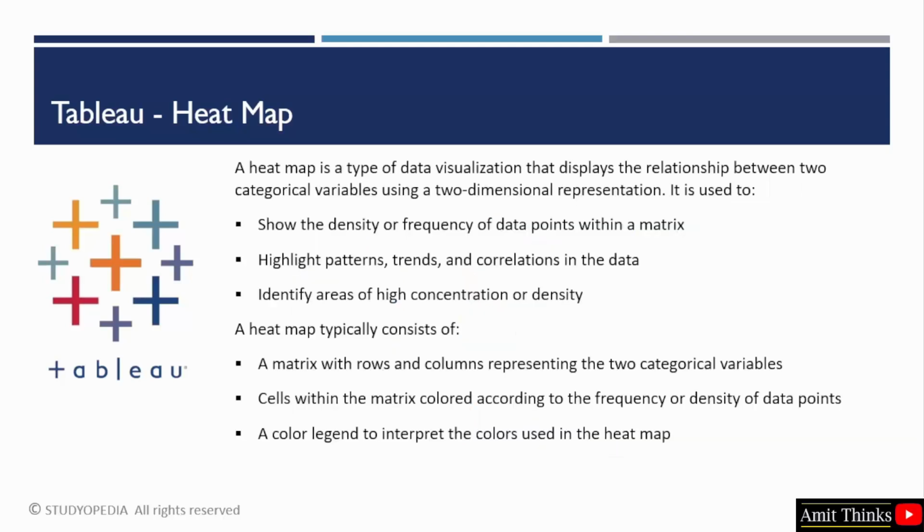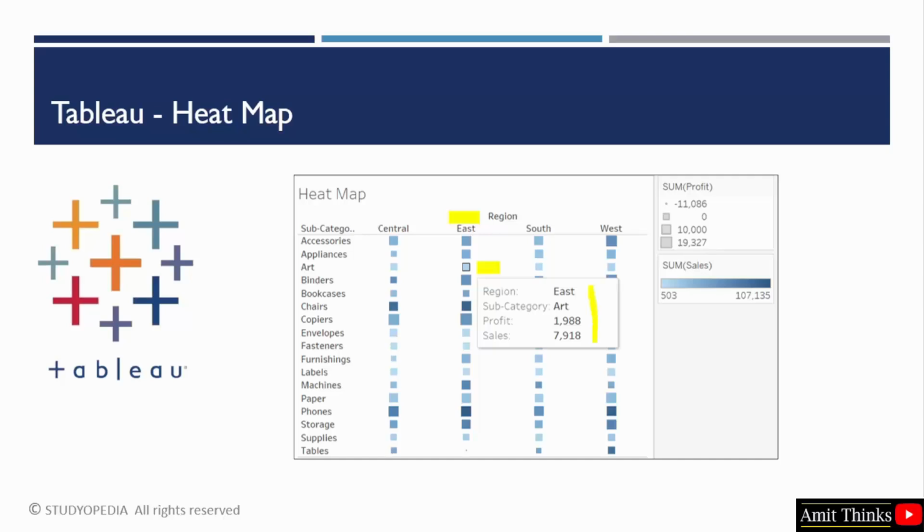And as written here, each cell within the matrix is colored according to the frequency or density of data points. With that, the matrix has rows and columns representing the two categorical variables. So this visualizes profit and sales data across different regions and subcategories. Regions, you can see central, east, southwest, and subcategories are also visible: accessories, appliances, art, binders, and others. The color intensity represents the magnitude of profit and the magnitude of sales performance across different regions and subcategories.